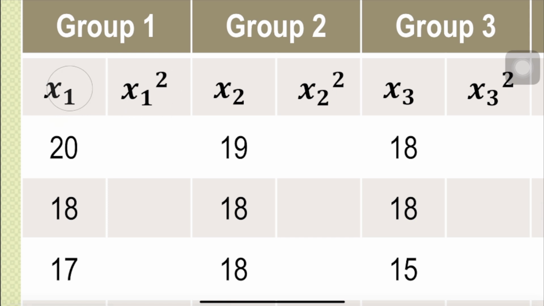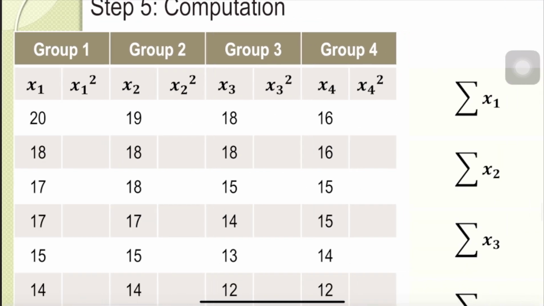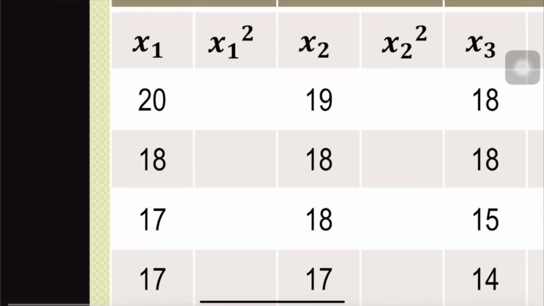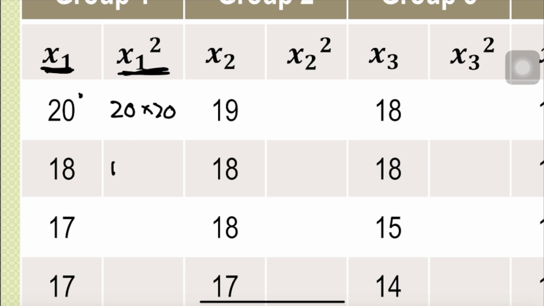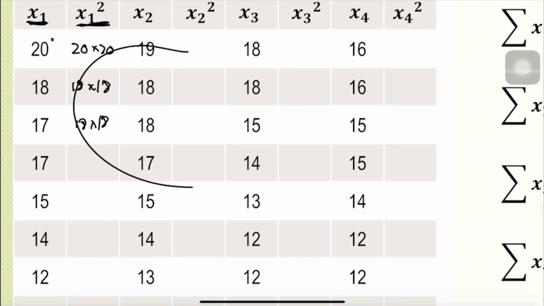So it's very self-explanatory. The given is you're just going to write down what's given, and for the second part, which is the square, you're just going to multiply it to itself. So 20 will be 20 times 20, and so on and so forth. 18 times 18, and 18 times 18. So you're just going to do that for all of these values.